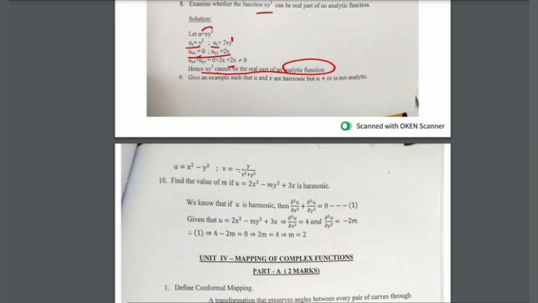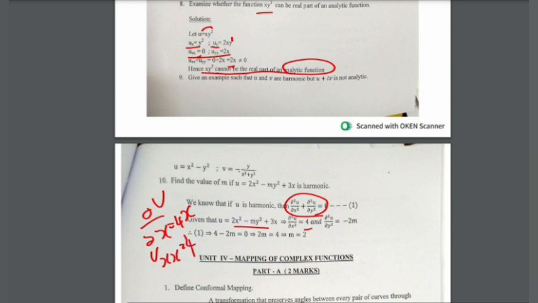Next problem, find the value of m if u is given as harmonic, which means the formula is ∂²u/∂x² plus ∂²u/∂y² equals 0. Given u as 2x² minus my² plus 3x, first we need to differentiate u with respect to x, I get 4x. Again differentiate u with respect to x, I get 4 alone.